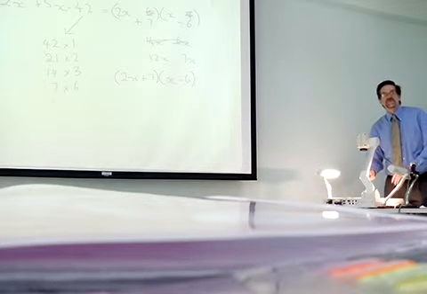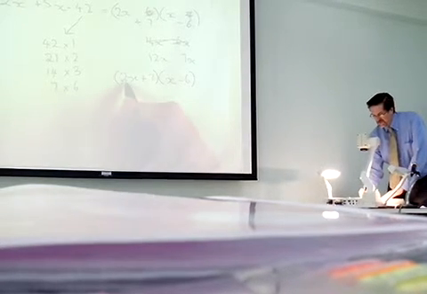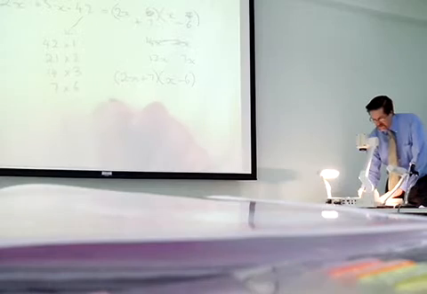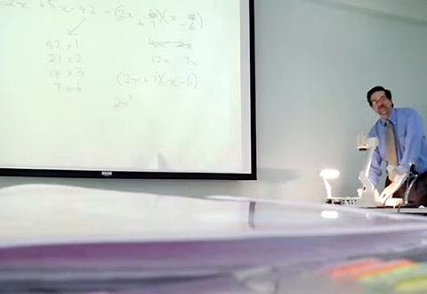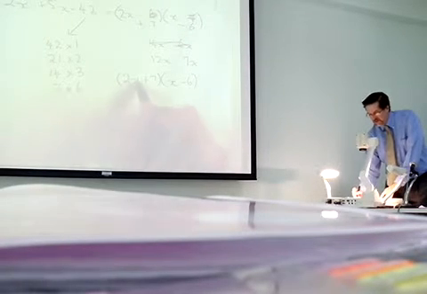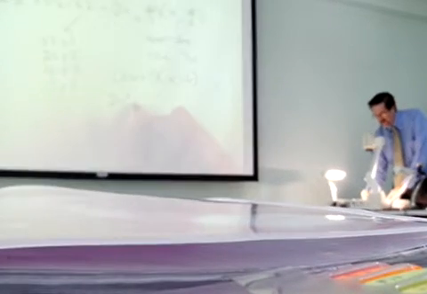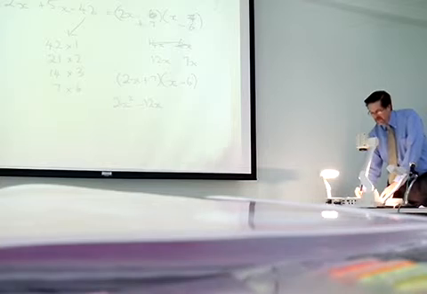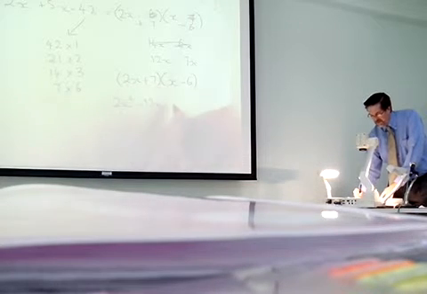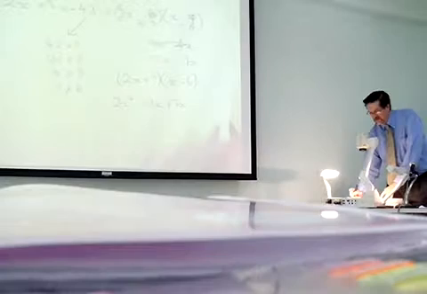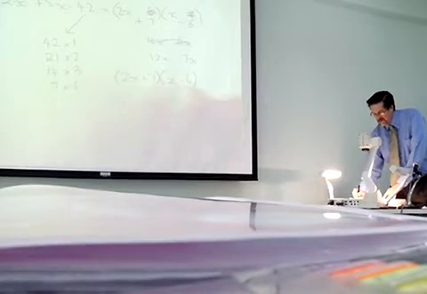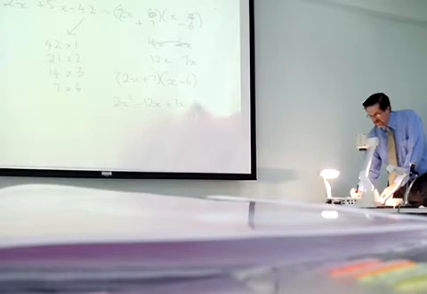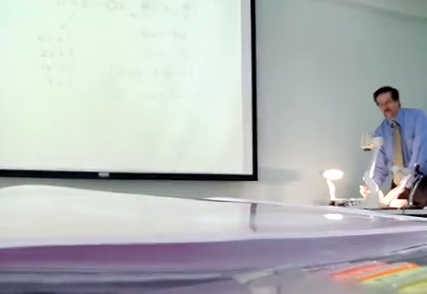We can check. 2x times x is 2x squared, so that's correct. 2x times 6 is 12x, but with the negative it is negative 12x, plus 7 times x, 7x, plus 7 times negative 6 is negative 42.